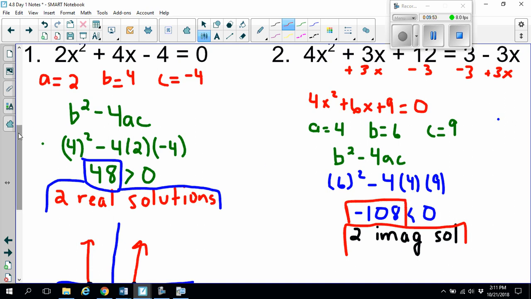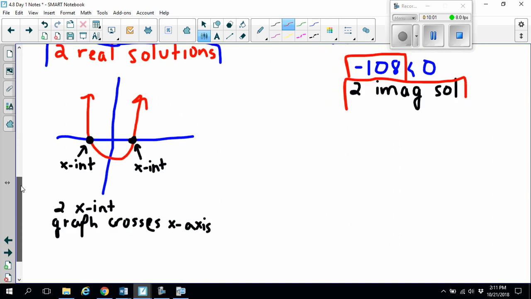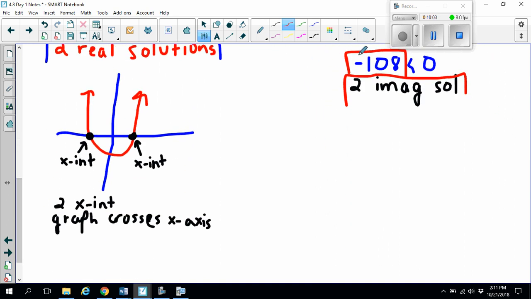Now let's talk about what this really means if we were graphing this quadratic equation. Well, I'm going to scroll down really quick so we can talk about that. I'm going to leave this part here so we can talk about the discriminant and all. So if you ever get two imaginary solutions, what that represents is that our quadratic or our graph does not cross the x-axis.